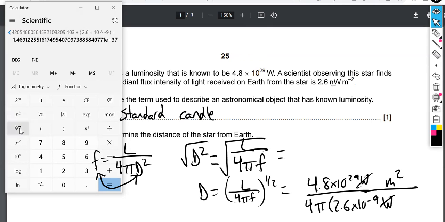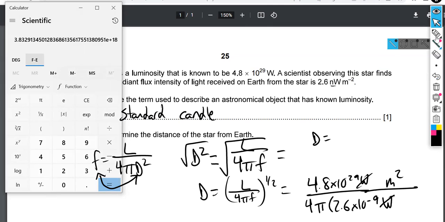So don't forget to take the square root there when we get this answer. The distance equals, I'm going to go ahead and change this over to exponential form.